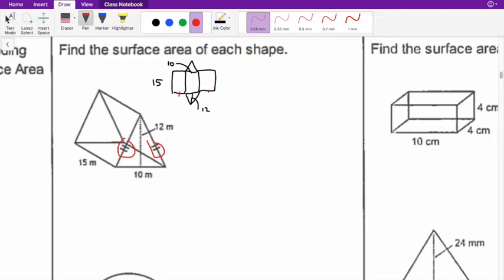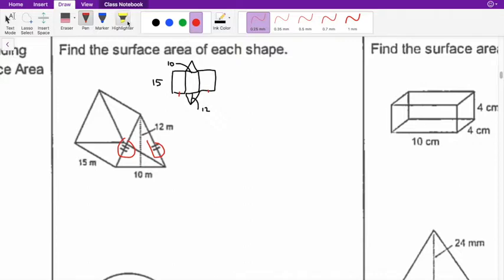Because if we find the area of this rectangle, that rectangle, and add up these two triangles, we know that's going to be our surface area, right? But we don't know this part and this part.